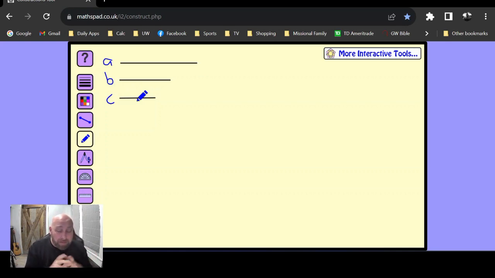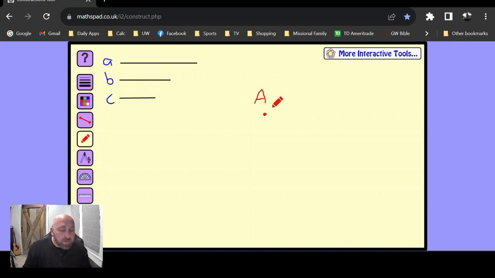I want to get my x, my missing line length. So the way that I would do that is, first of all, we're going to start off at a point. So let's put a point right here and we'll just call this point A. So we're going to start with point A.